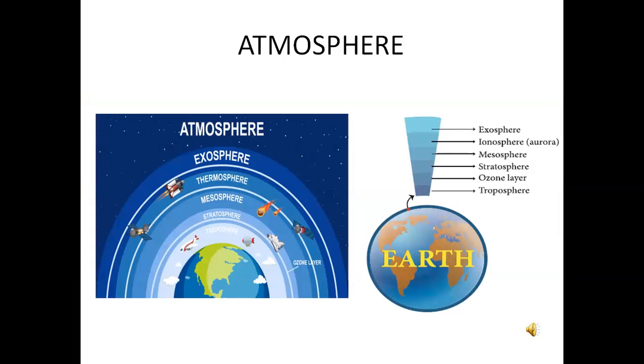First we'll see the atmosphere. Our earth is surrounded by a huge envelope of air called the atmosphere. The atmosphere extends to more than 800 km above the surface of the earth and is held in place by the earth's gravity. The atmosphere protects us from many harmful rays coming from the sun.